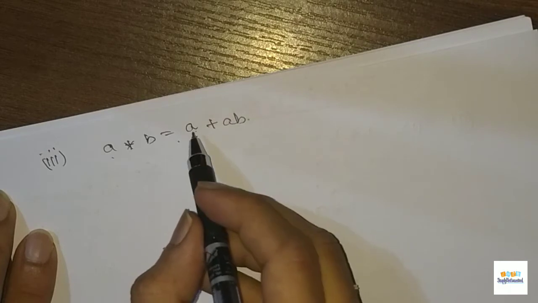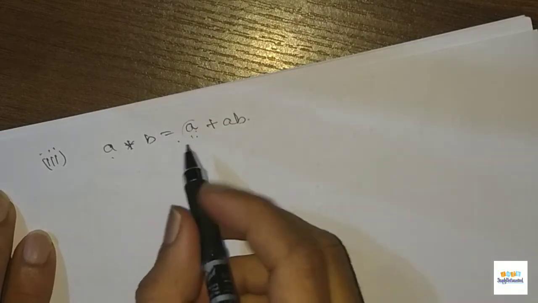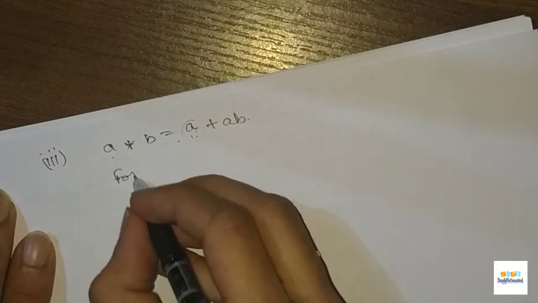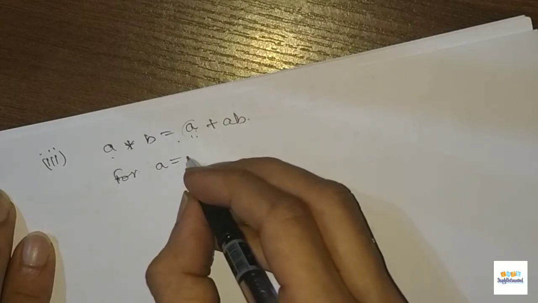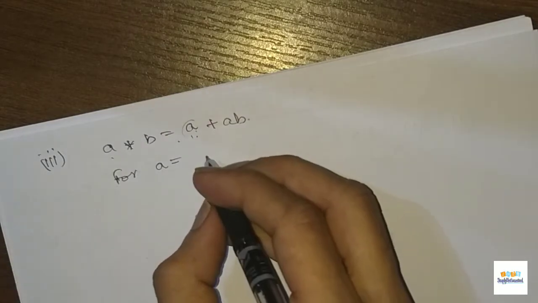So in one you have a and in the other you have b, in the first term. So both are different, but we cannot prove it this way. We have to take an example to show that it is not commutative.